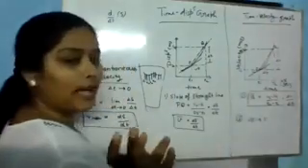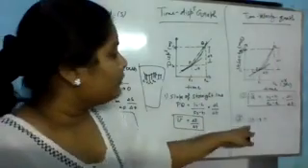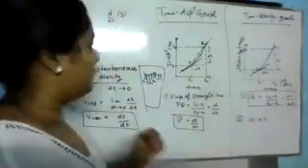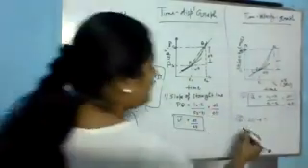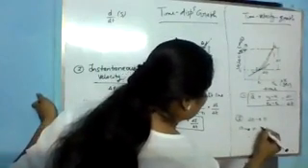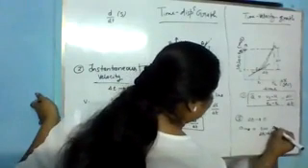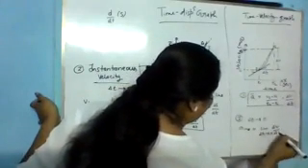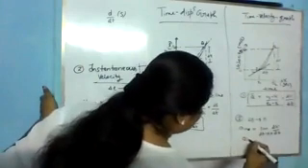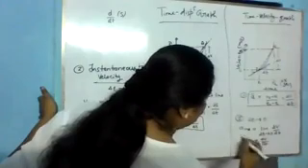Now we have to apply the limit. Whenever delta t or any quantity tends to 0, we have to apply the limit like this. So instantaneous acceleration equals limit delta t tends to 0, delta v upon delta t, which is dv upon dt.